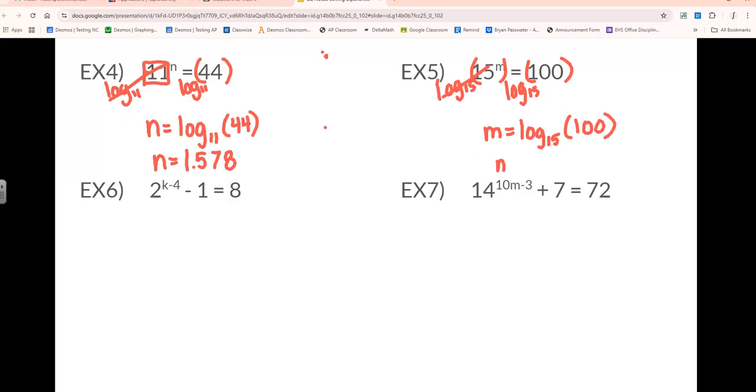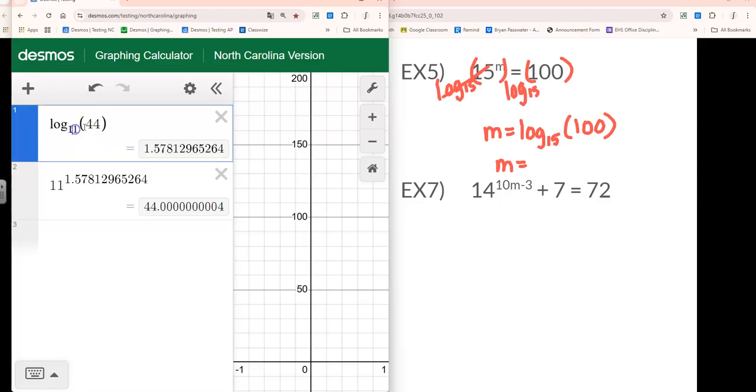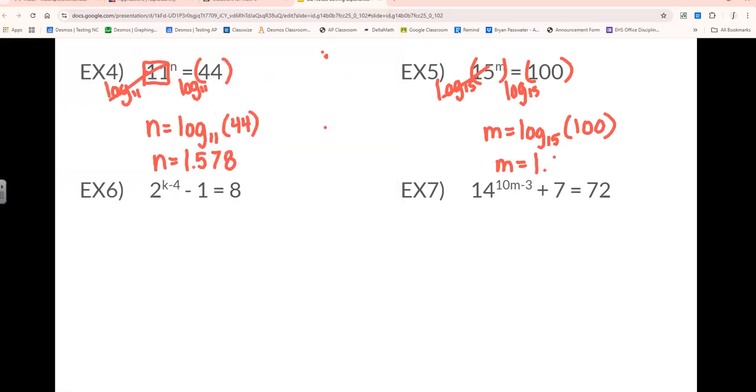Right, and then all we have to do is type that into Desmos to get our decimal for that. And we're getting 1.70054. I'm going to round that to 1.701 for that.